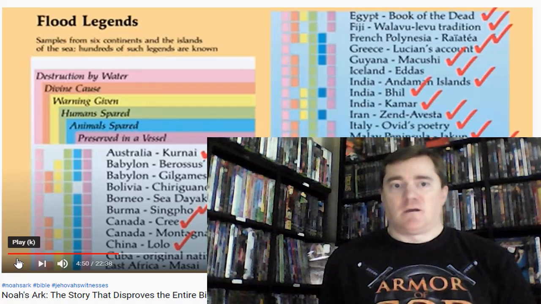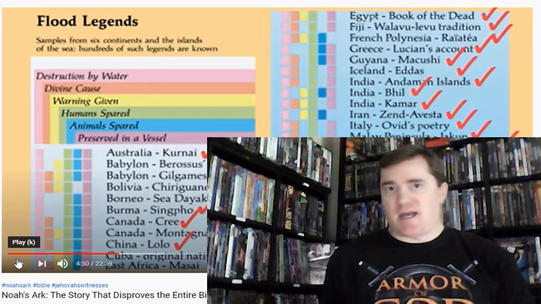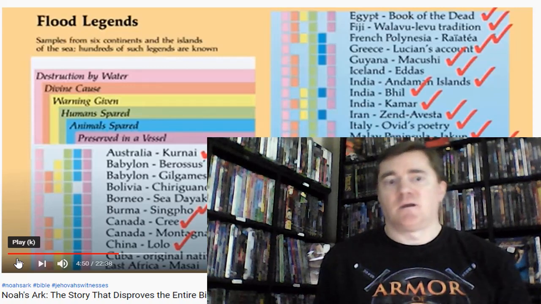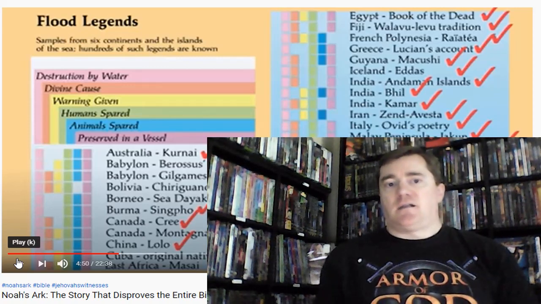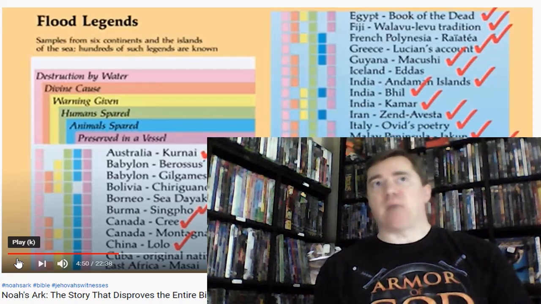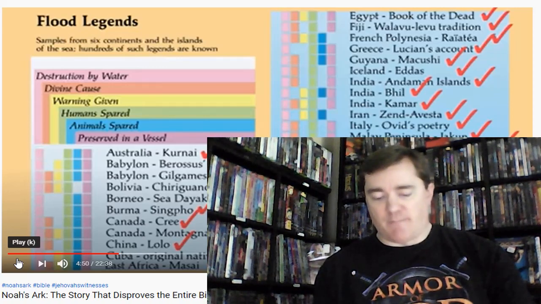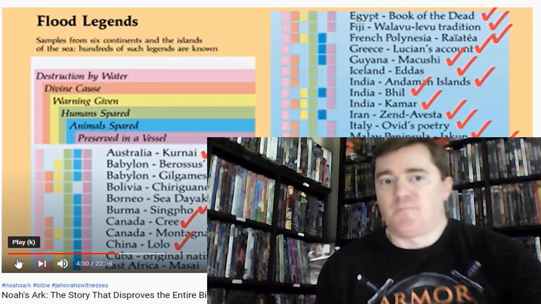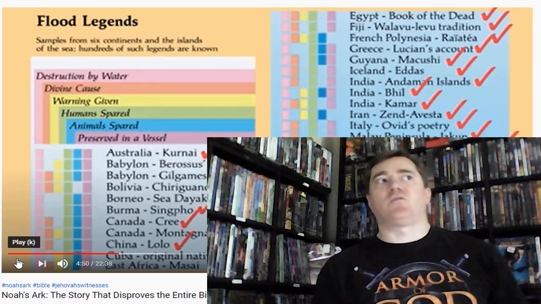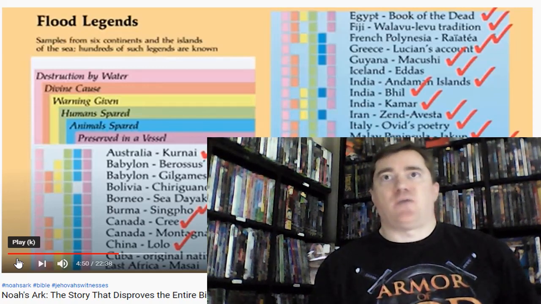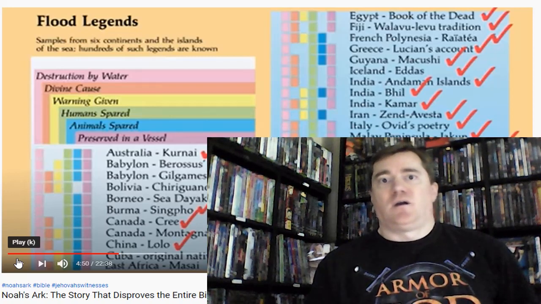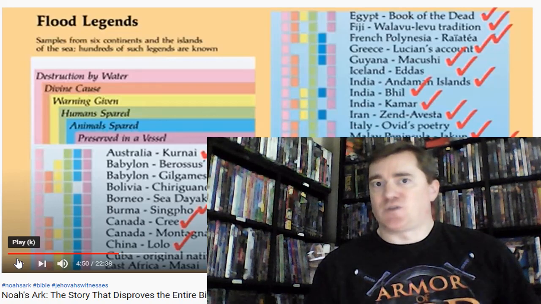But they had a huge empire. And even though the city of Babylon was kind of where modern-day Baghdad is, that doesn't account for how they would have known about a man named Noah who survived in a boat.